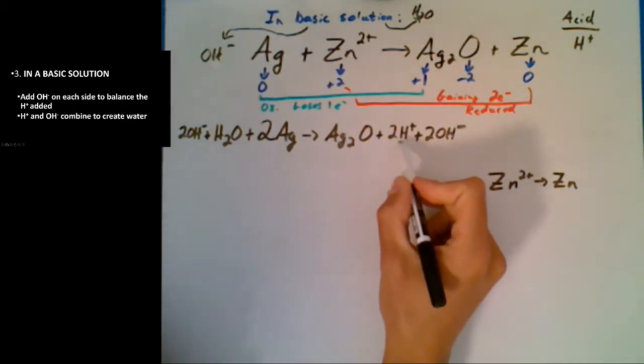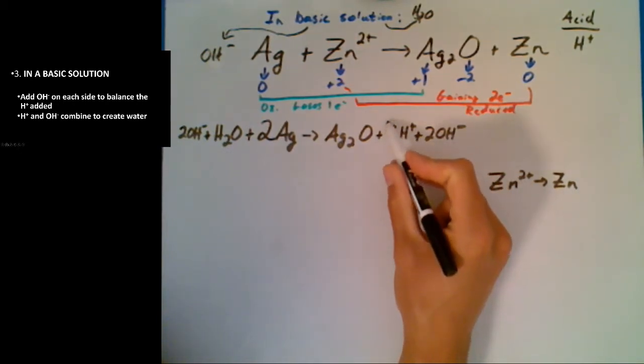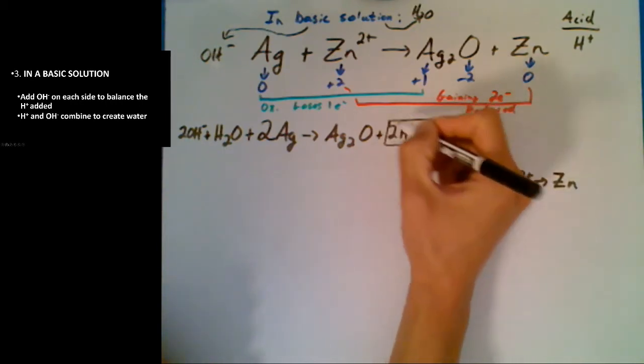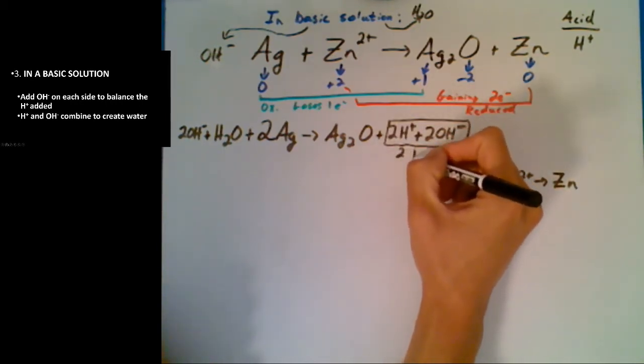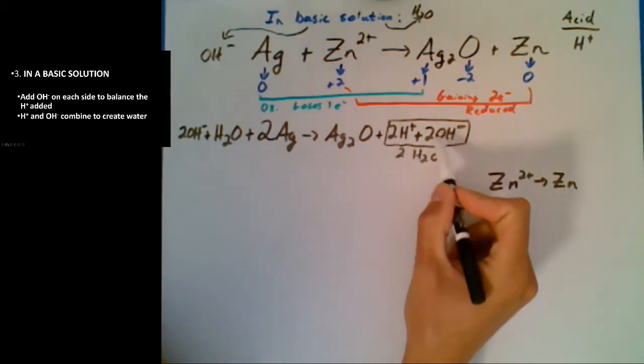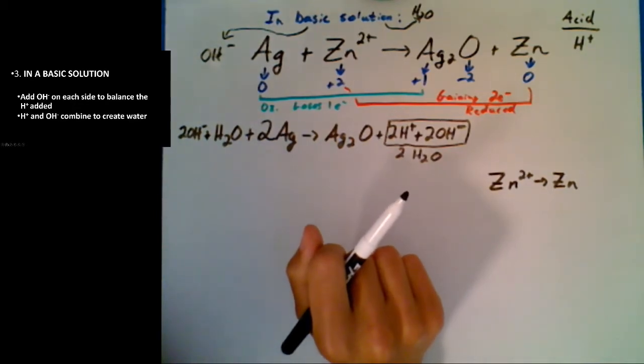Here's the thing though, when you have H+ and OH-, those will react with each other, and they are going to produce H2O. So instead of having H+ and OH-, we now have H2O.